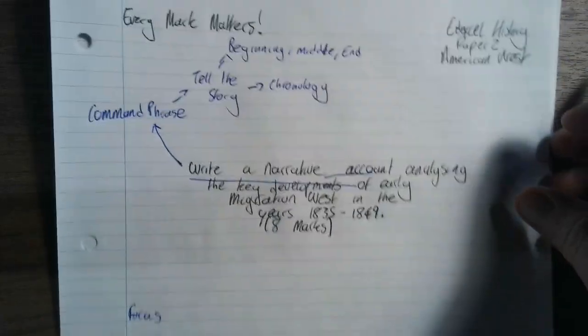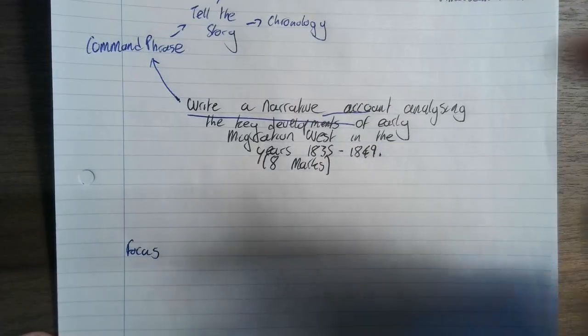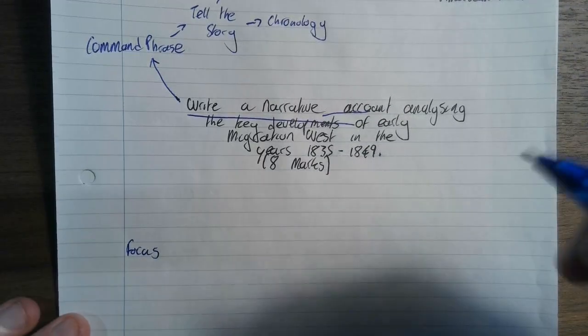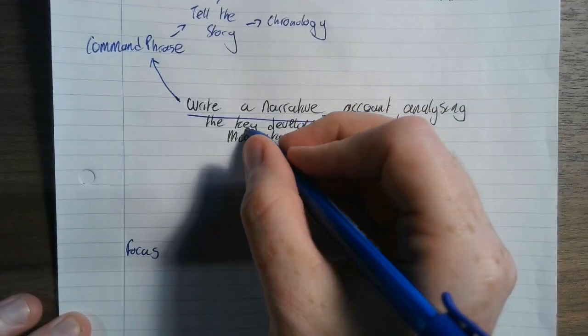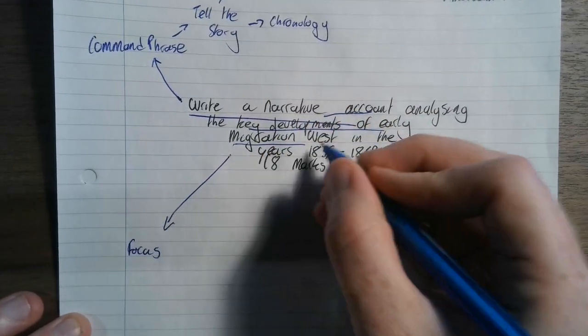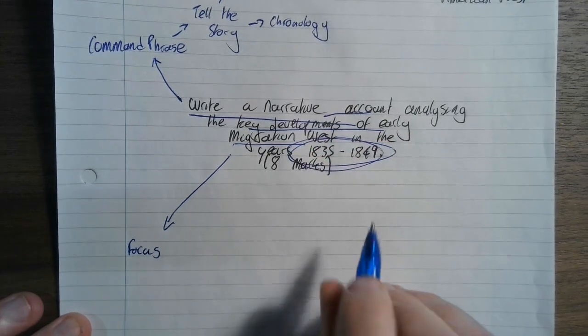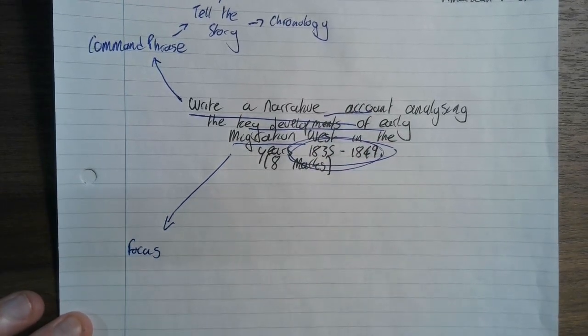Now what we need to do is focus on what knowledge we need to use to answer this question well. This particular one is weirdly worded, but it's key developments in early migration west. Obviously, it's got to be within this span of years, 1835 to 1849.